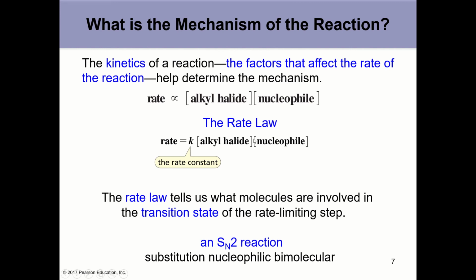And so they are second order overall, with first order with respect to the alkyl halide and first order with respect to the nucleophile. So when we add the two exponents together, we get second order overall. If we double the alkyl halide, we double the rate. If we double the nucleophile, we double the rate. If we double both, we quadruple the rate.